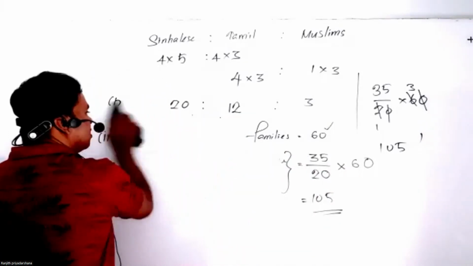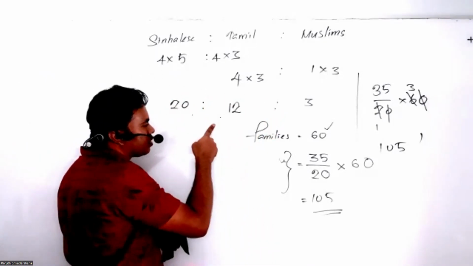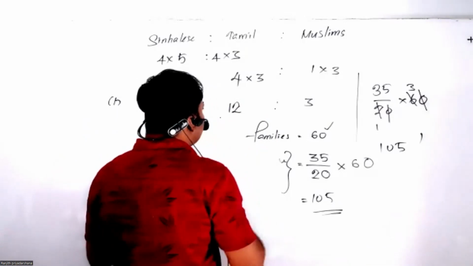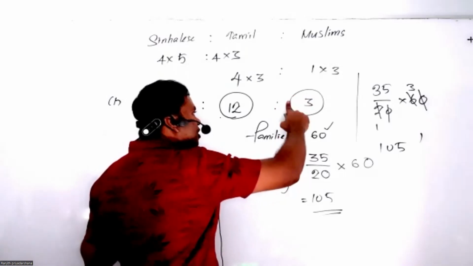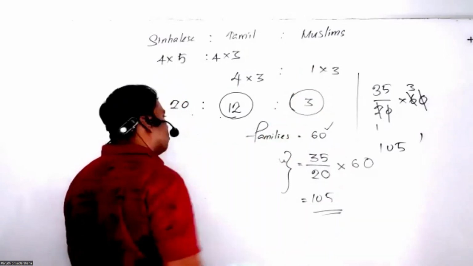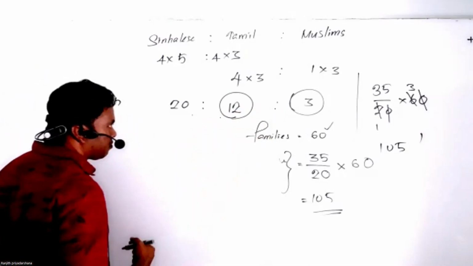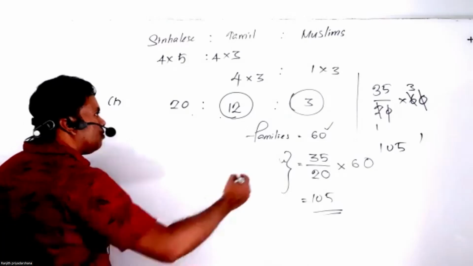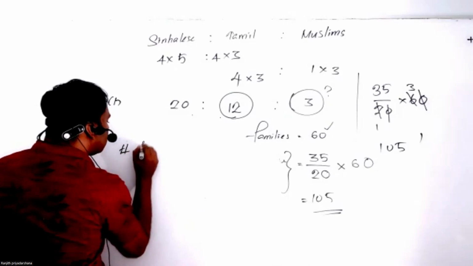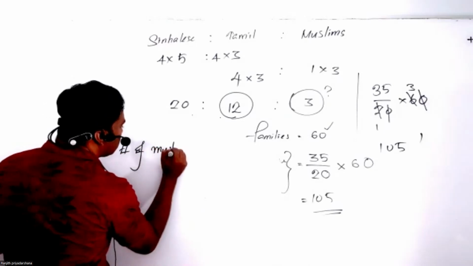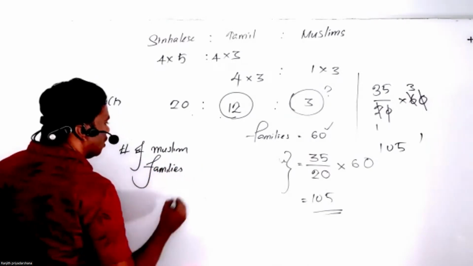Right. Okay. So you can understand if you know one value, you can find all others. Now, if we put 60 here, you can find how many Muslim families there are. How to get that? 12 to 3 ratio. If you ask how many Muslim families, you write number of Muslim families. Niha, how to calculate that?